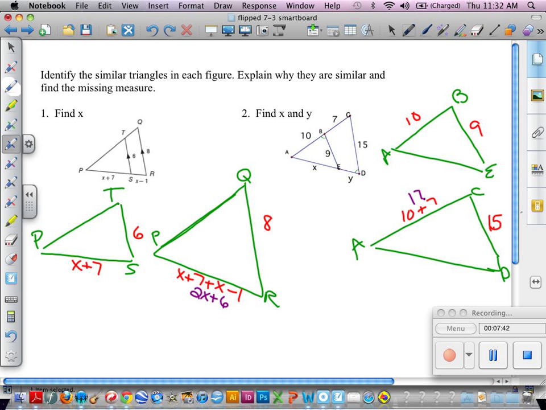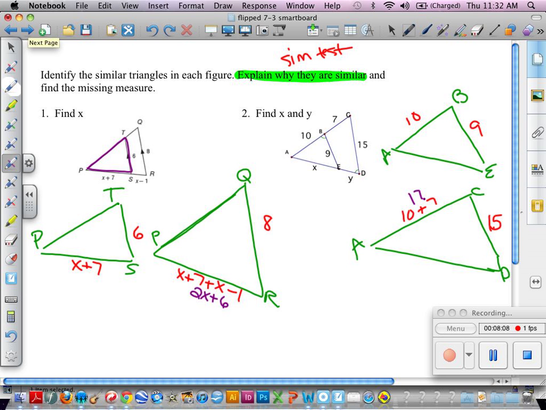All right, the next section says identify the similar triangles in each figure and explain why they're similar, and then find the missing measures. So the explaining is going to be one of those similarity tests. Pause the video, and if you want to, I separated my triangles already. If you want to take care of that, you can.